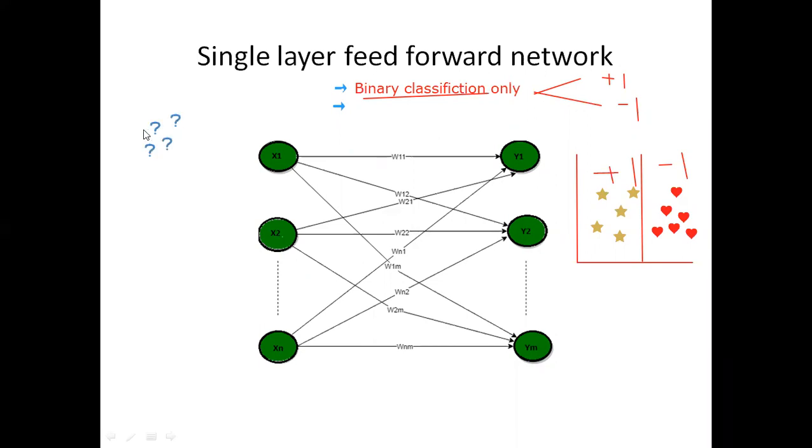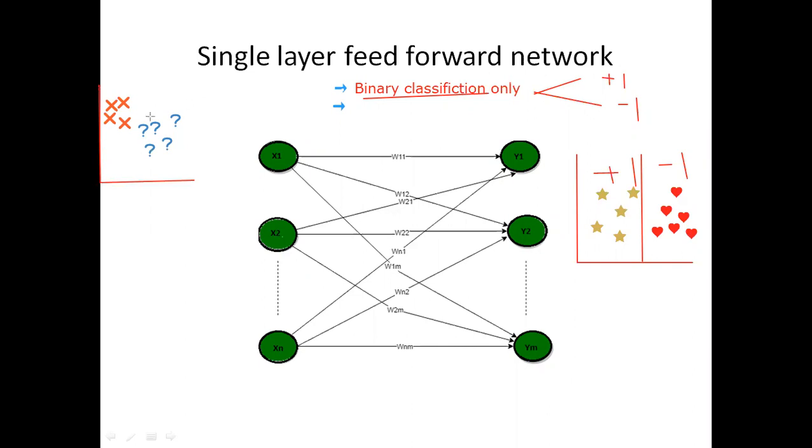Suppose you have some data points and one more kind of data points with you. These are some more data points in your two-dimensional space of graph, right? How are you going to separate these data points?